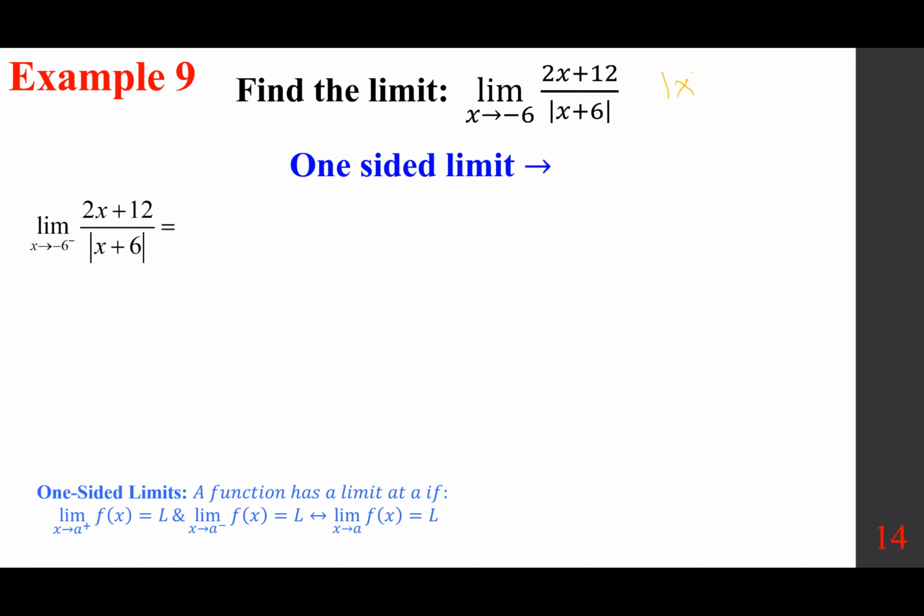When we have absolute value of x, it's x if x is larger than or equal to 0, and minus x if x is less than 0.